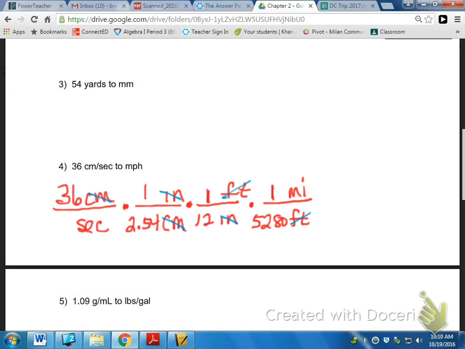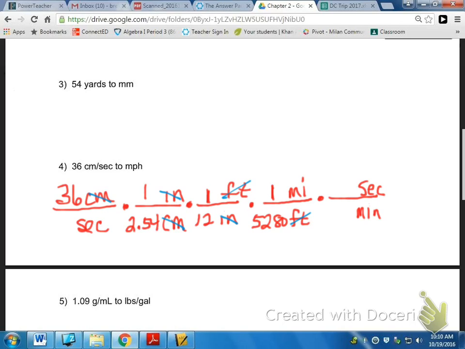Now I have to go and talk about the seconds, okay? So we're going to keep going here. So I got miles on top. So far, so good. I've got seconds on the bottom, and I want seconds to go away. Where will I put them? Very good. And I can convert seconds to what? Minutes. Tell me the conversion.